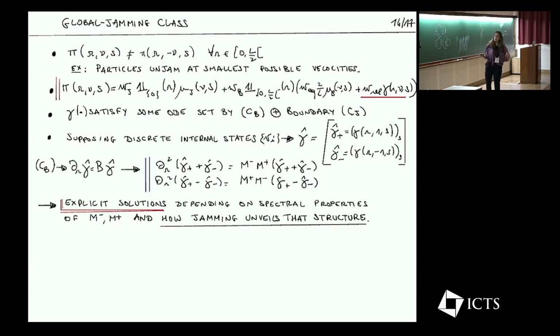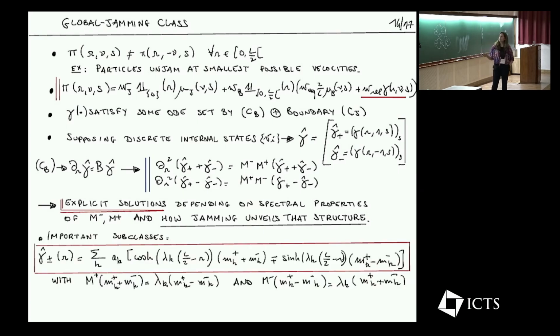And here, that's the only moment where I'm making some kind of assumption on my velocity variable, where I assume they are discrete, but they can be any number. But here in the end, this gives you some first order ODE, but because of the interesting symmetry of this B matrix, in the end, you find this second order relaxation type of equation. And this, depending on the spectral structure of M, gives you some kind of catenary-like relaxation.